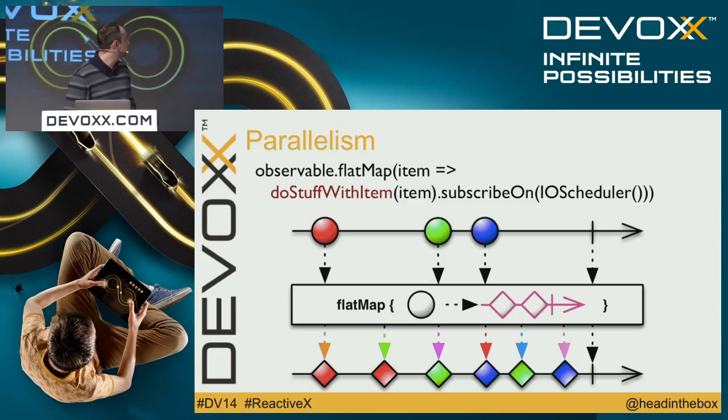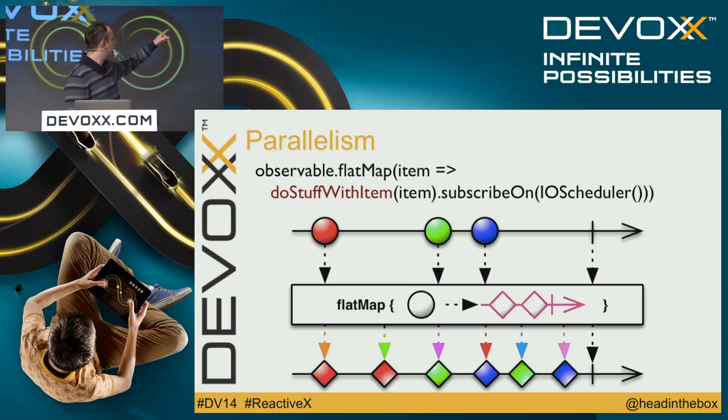So say you want to do this stuff with item in parallel for every item that is being emitted. What you do is you just flatMap a function that takes that item, then runs that doStuffWithItem, but this doStuffWithItem must return an observable, right? So you do your operation inside this observable stream, and then you subscribeOn some scheduler, right?